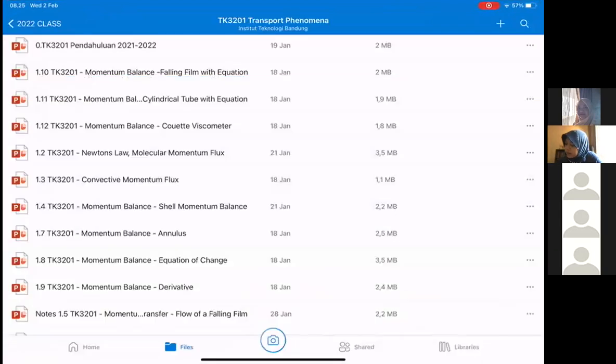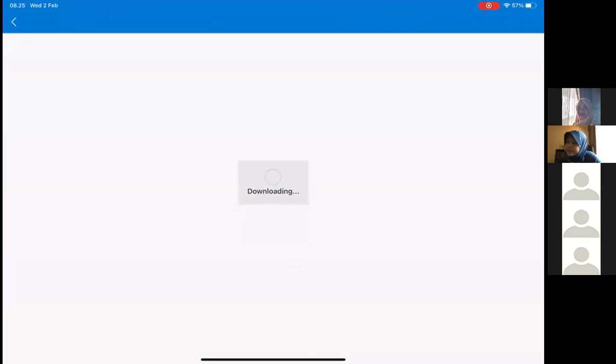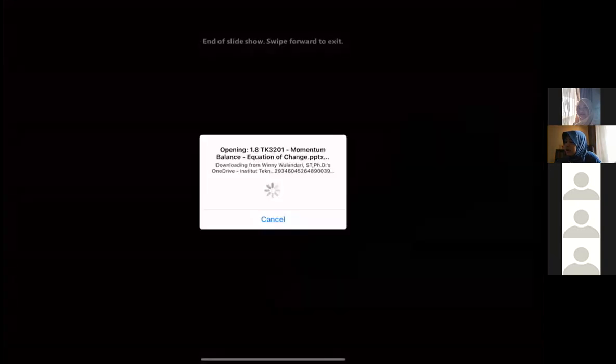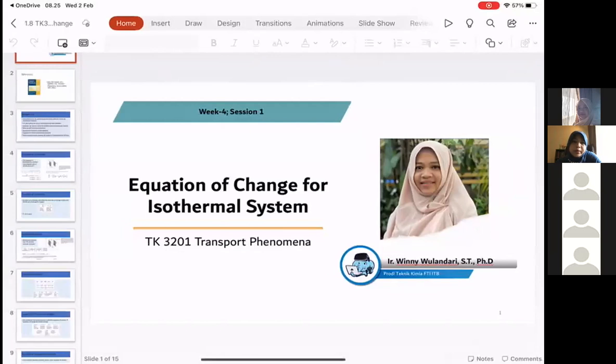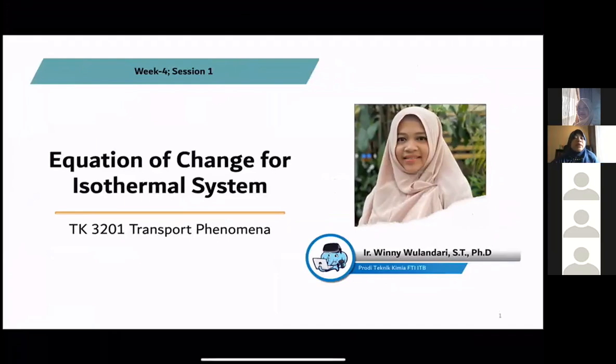So the second one is about the equation of change. You can open it also in your laptop or something, so you can try to check it as well. Okay, so this one in the book is in chapter 3, so it is a different chapter from the previous one.